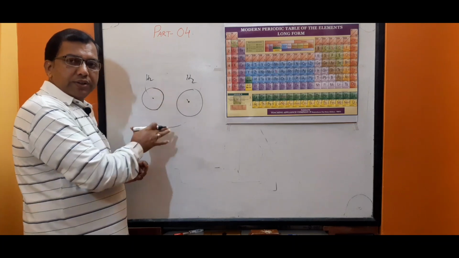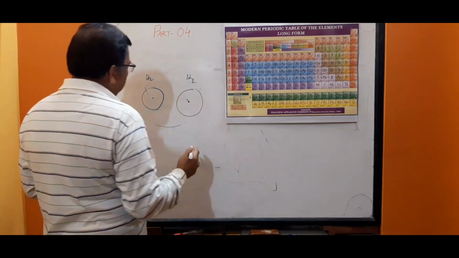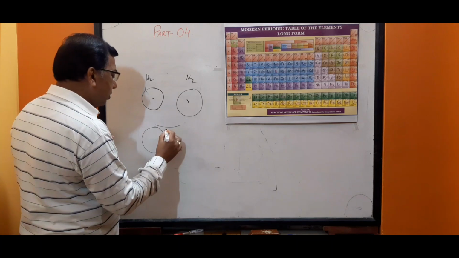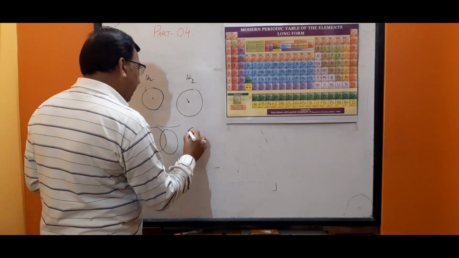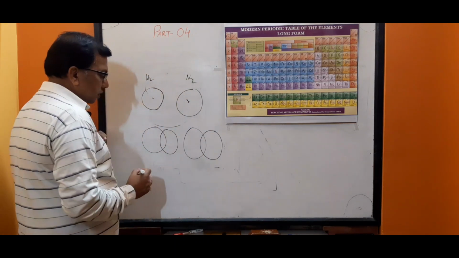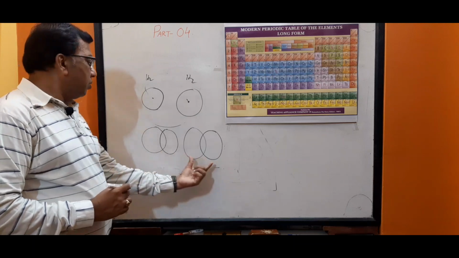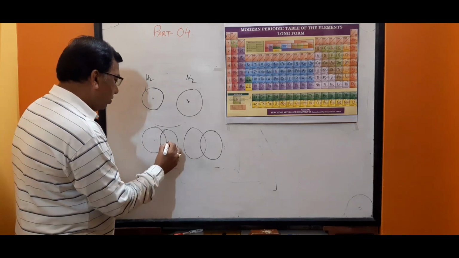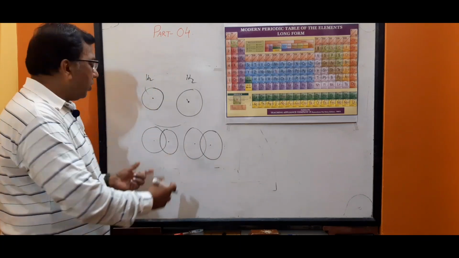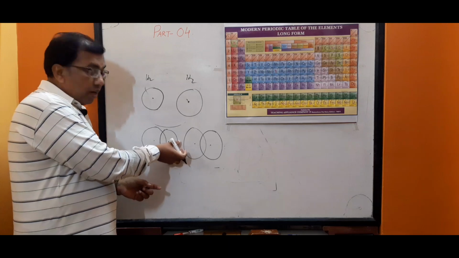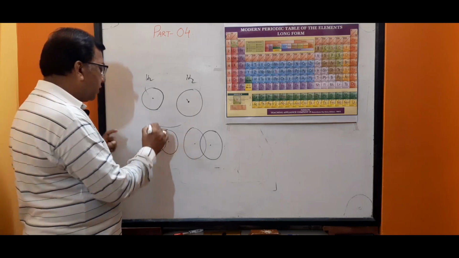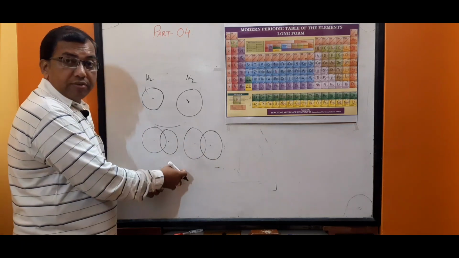This is the van der Waals distance. Suppose I give an example, an H2 molecule and another H2 molecule coming toward each other. They are not bonded here, just separated. Suppose this is 76 picometer, then this will be half.